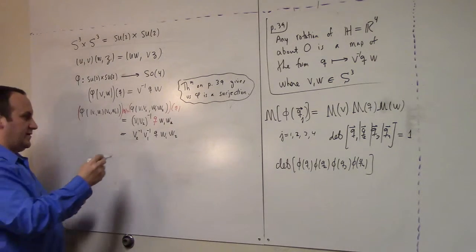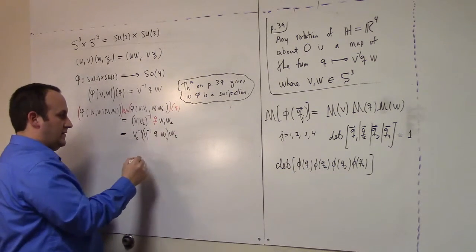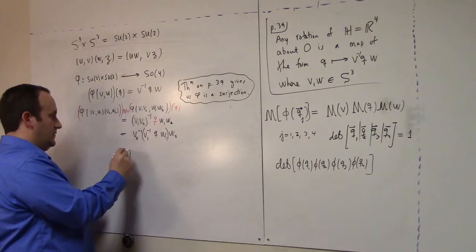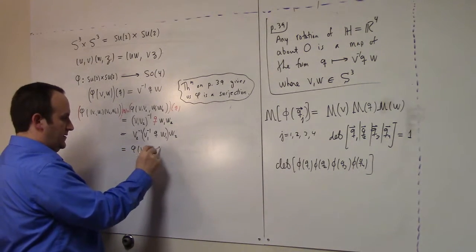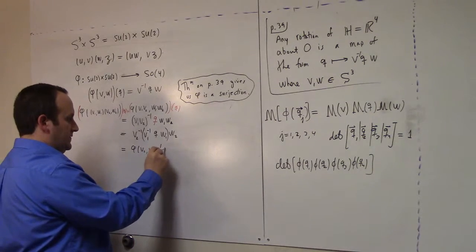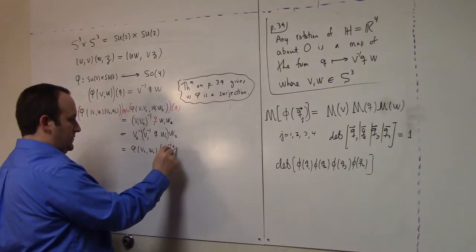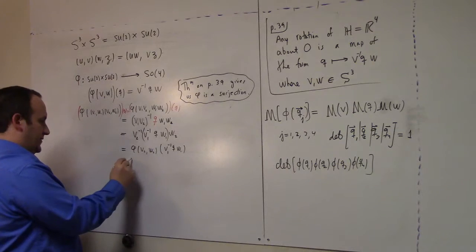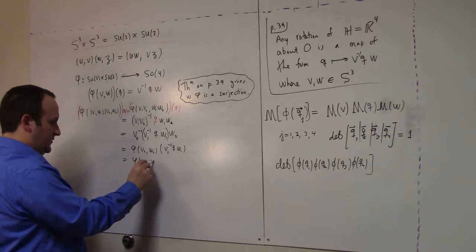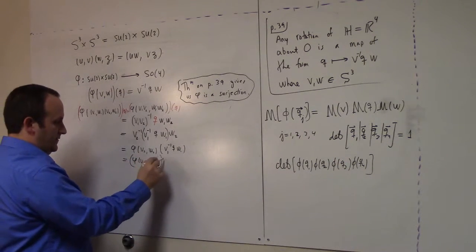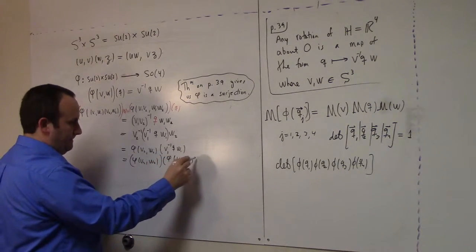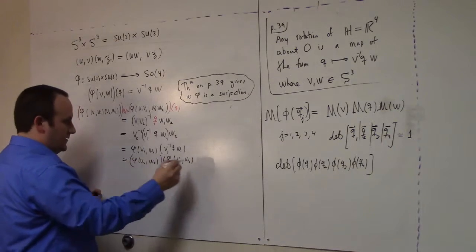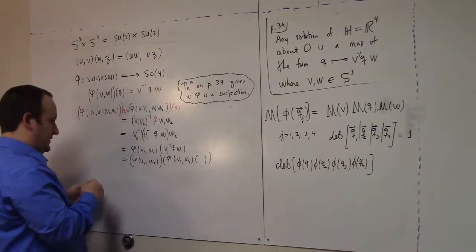And then we just kind of have to work our way back. This is phi of V2, W2 acting on V1 inverse Q, W1, which by the way is phi of V2, W2 acting on phi of V1, W1 acting on Q, right?